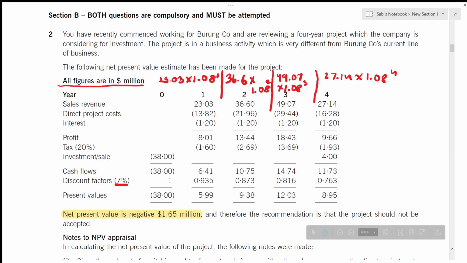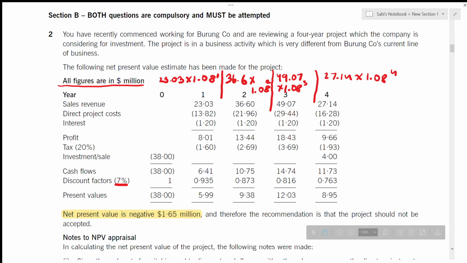The same way we have done for sales, I'm going to inflate, but the inflation rate is going to be 4%. That's it. First year it will be 13.82 multiplied by 1.04 to the power of 1. Likewise for the other years, just the inflation rate will be 4% and keep changing the powers to the number of years. Then the third, interest.